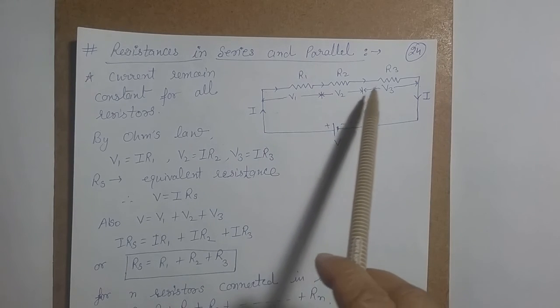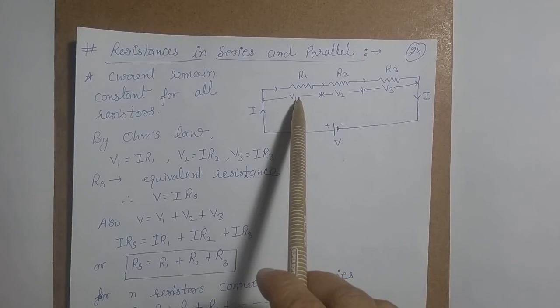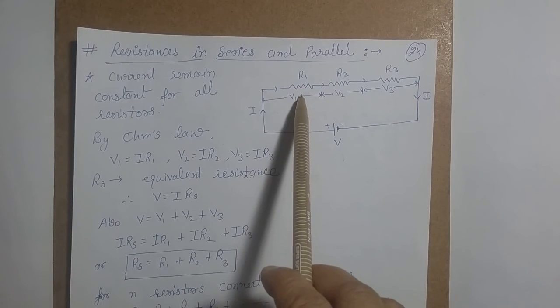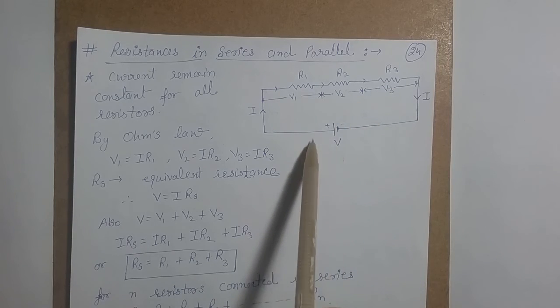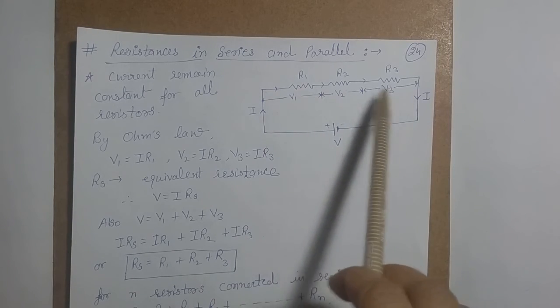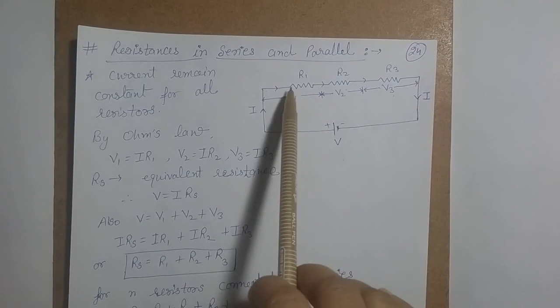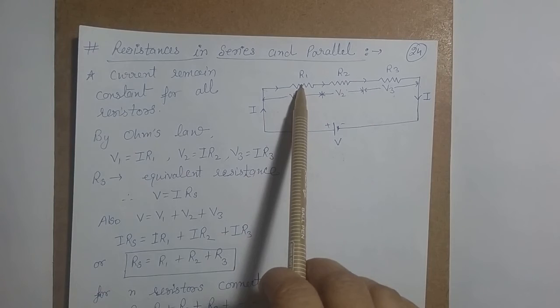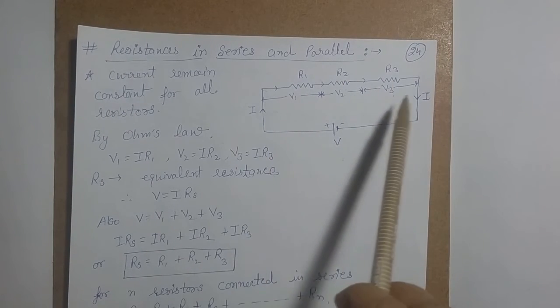So this is a simple circuit diagram for the series combination of resistors. Here we have 3 resistors with resistances R1, R2 and R3. V is the total potential difference for this combination. V1, V2, V3 are the potential differences for resistor 1, resistor 2, resistor 3, and I is the current flowing through the circuit.